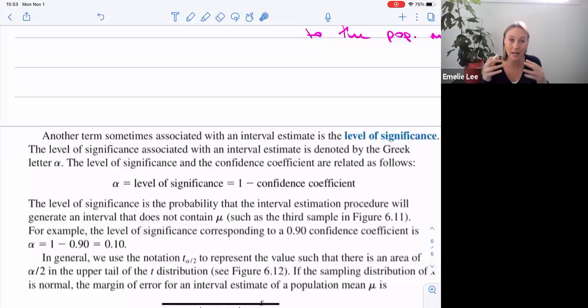The significance level alpha is 1 minus the confidence coefficient. Remember, the confidence coefficient is the confidence level as a decimal. For example, if we made a 90% confidence interval, then our confidence coefficient is 0.9, which means that our alpha is 1 minus 0.90, which is 0.1. So our significance level would be 0.1.